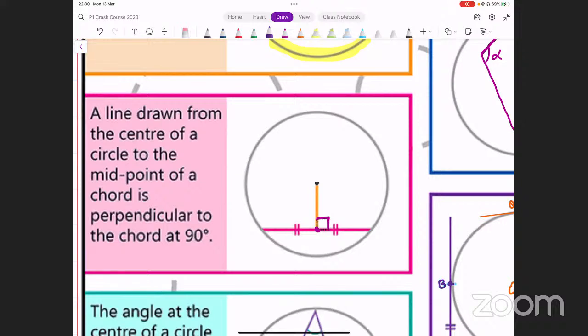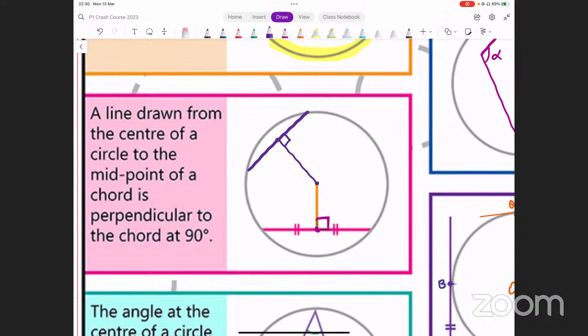So if I have a chord here like this, and I join the midpoint with the center like this, the angle that I get here is going to be 90 degrees. Okay, the angle is always 90. And it's also true the other way around.